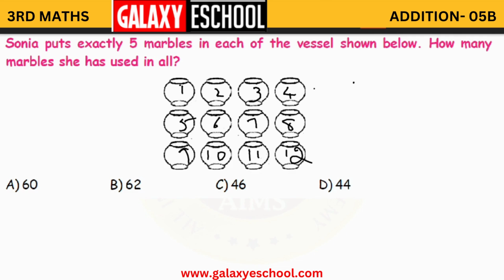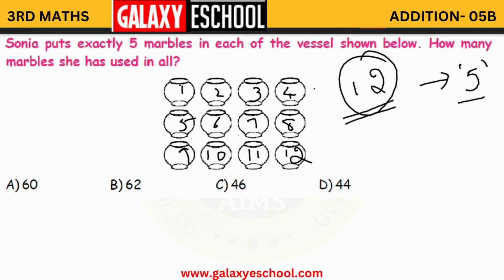Okay. There are 12 vessels and there are 5 marbles in each. Now how many marbles has she used in all? What is the total number of marbles she used?